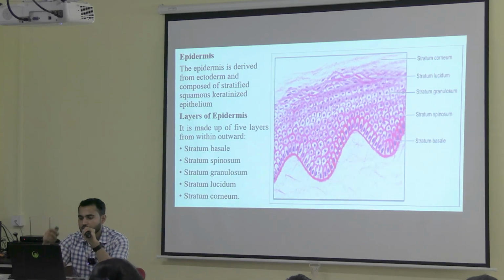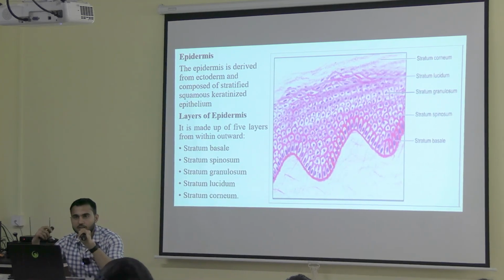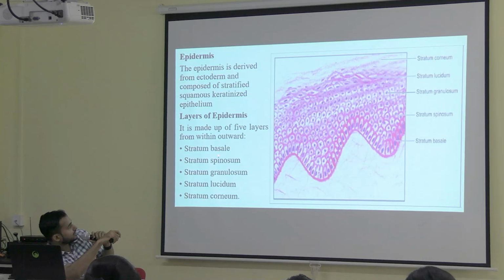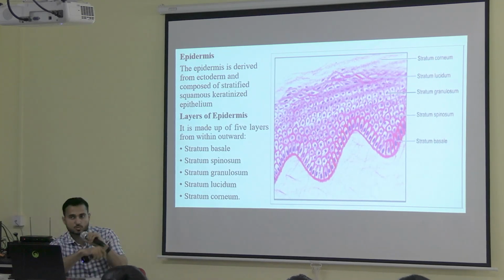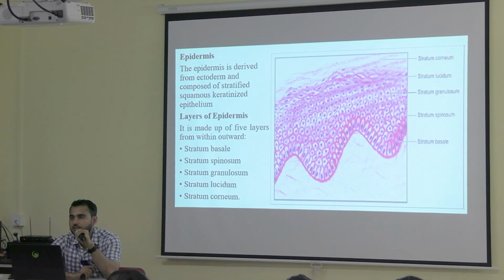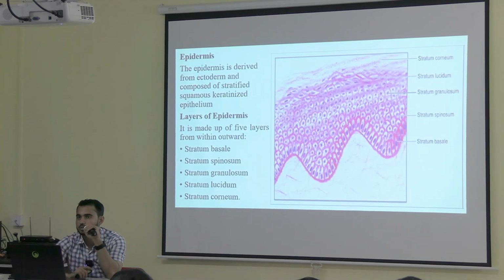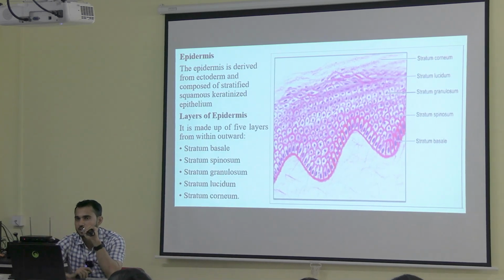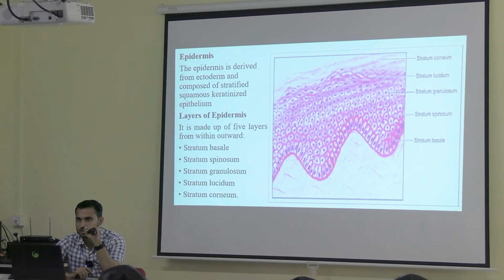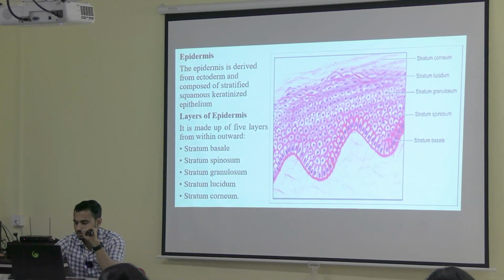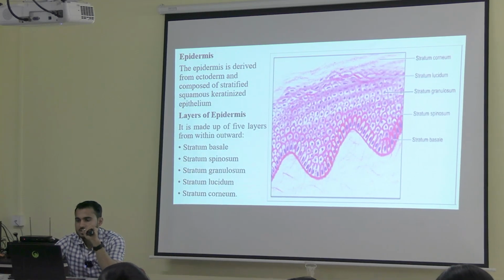So which is the first layer? As you can see, the names of the layers: Stratum Basale, Spinosum, Granulosum, Lucidum and Corneum. These are the 5 layers. The corneum is the most superficial layer. You have to understand all the layers one by one. So first is the stratum basale.